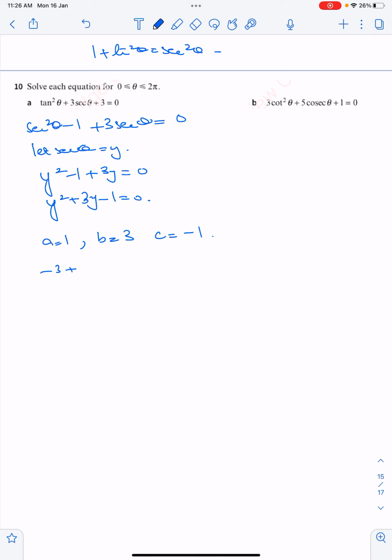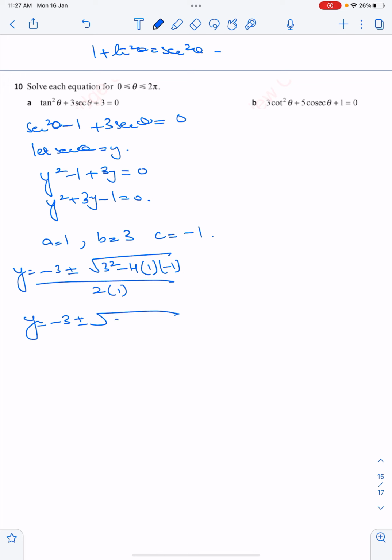Okay, so minus b plus minus square root of b square minus 4ac upon 2a. 9 plus 4 upon 2.